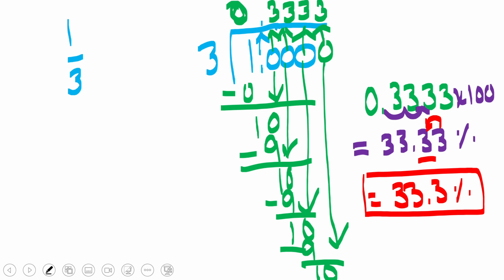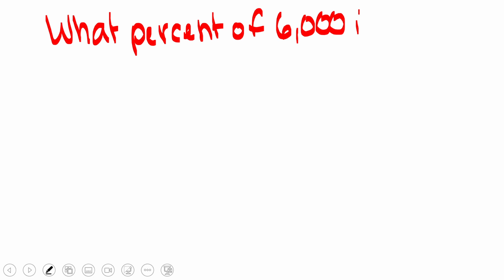So another example. What percent of 6,000 is 915? So we're going to assign an expression to this word problem. We're going to assign a p to the percentage, that's a mystery number.